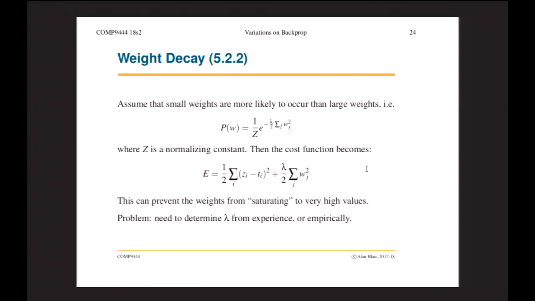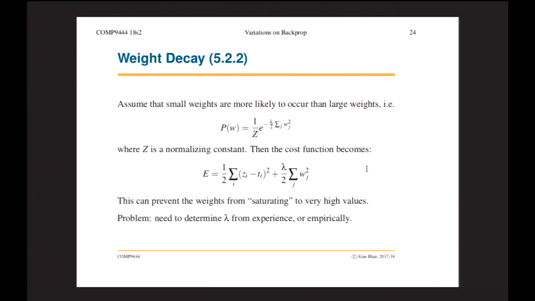So what we want to do is find weights which bring down the cost function but are not too large. This kind of fits in a way with Occam's razor. We talked about Occam's razor: the simplicity of the model is like the number of weights.